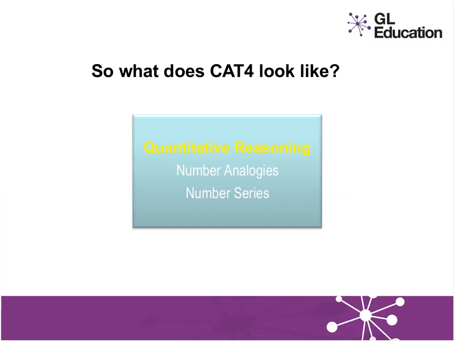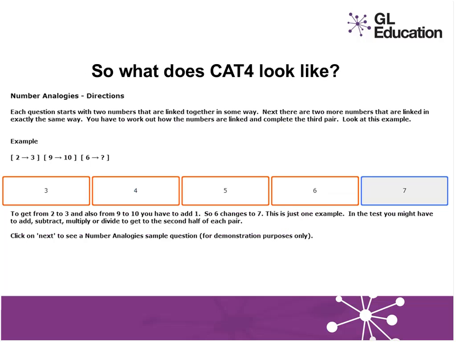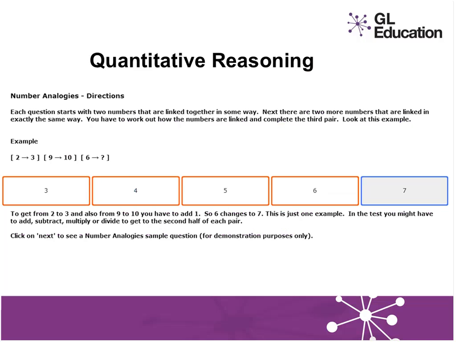For quantitative reasoning, this question starts with two numbers that are linked together in some way. So the pupil needs to select the answer of the number which should fit with where the question mark is shown.